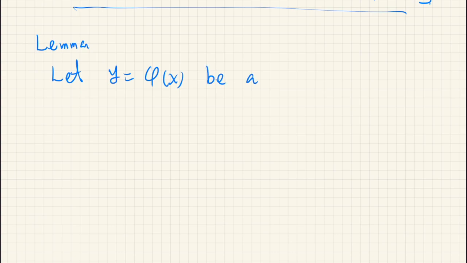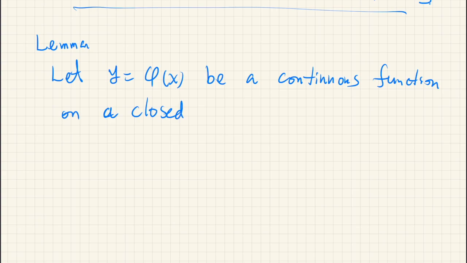Now let us prove the following lemma. Let y equals phi of x be a continuous function on a closed interval between a and b. So this is a univariate function.